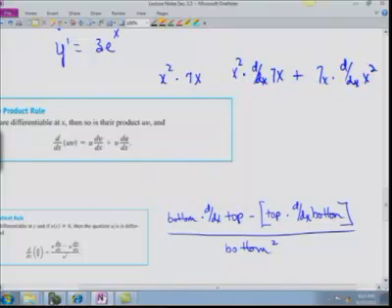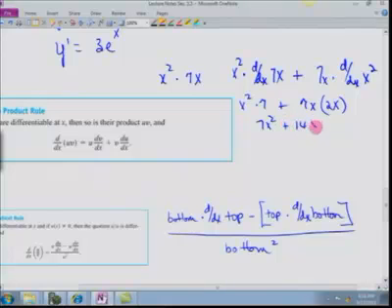Then the next line, you're only taking the derivative two places. You know exactly where you're taking the derivative. So you would have x squared times 7 plus 7x times 2x. And so you'd have 7x squared plus 14x squared, whatever.